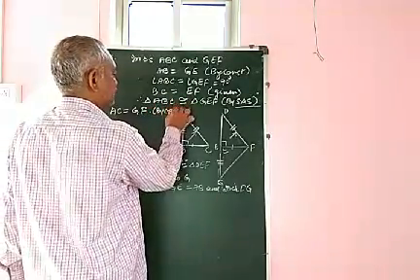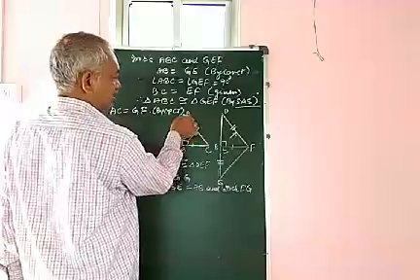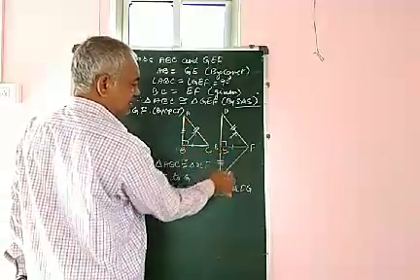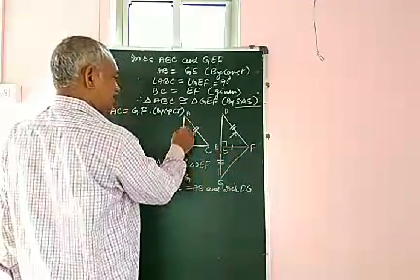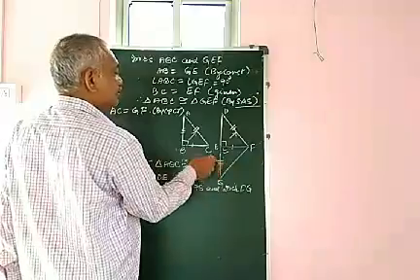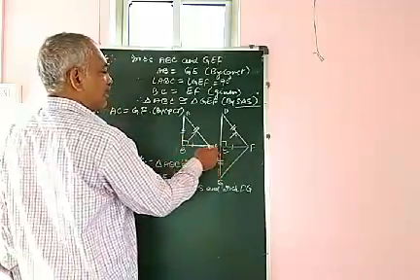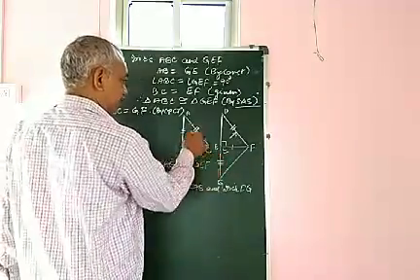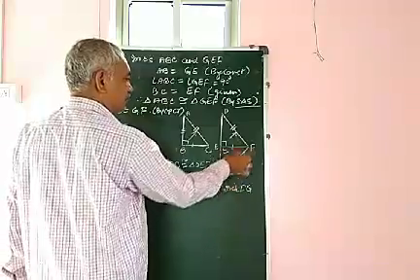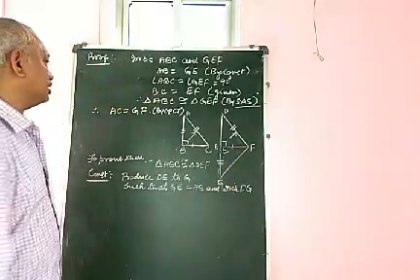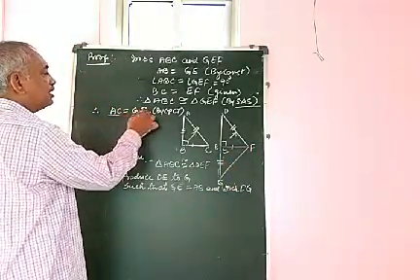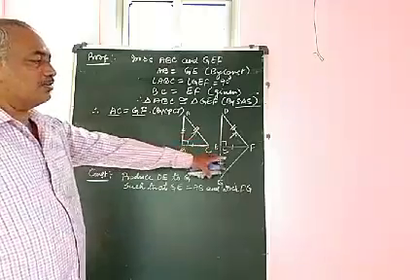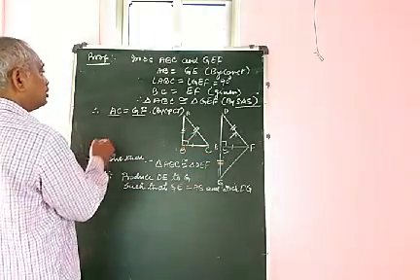Why CPCT? Since these triangles are congruent and this is equal to this by construction, AC will be equal to GF by CPCT, corresponding parts of congruent triangles.